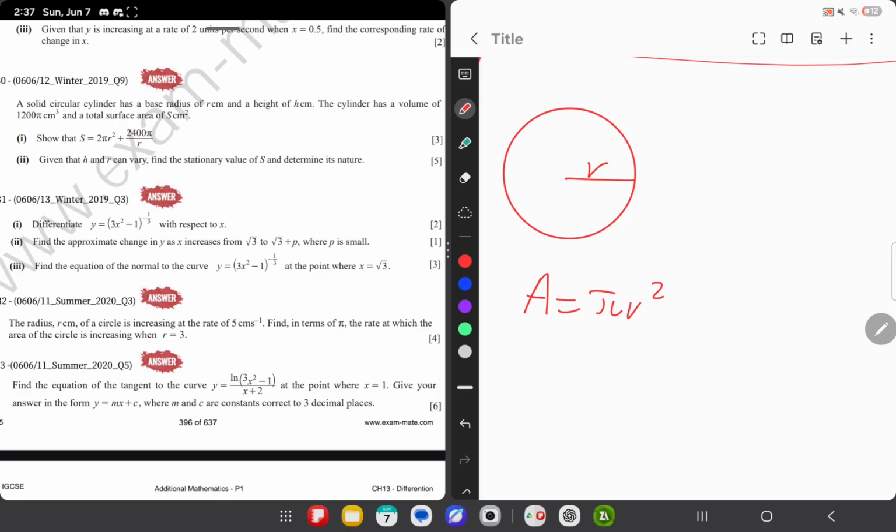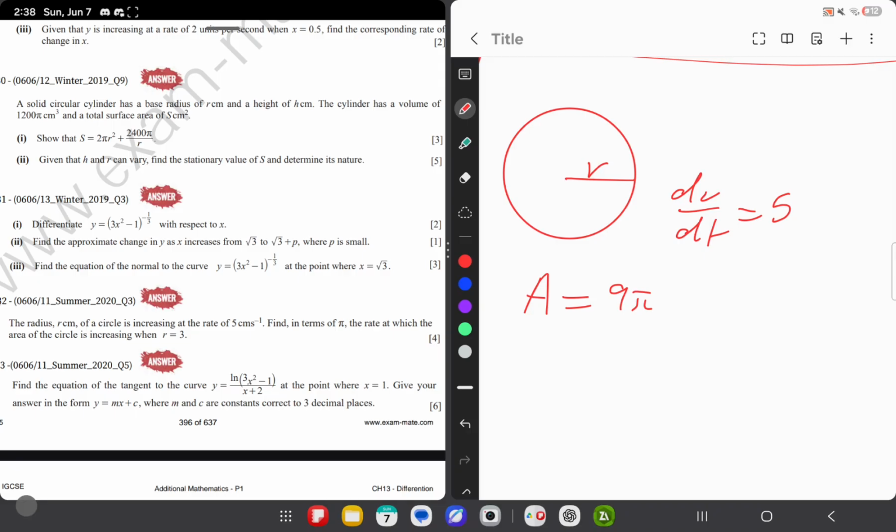And we know at r equals 3, A is equal to 9 pi. A is a function of r. As r grows with time, dr/dt is equal to 5.